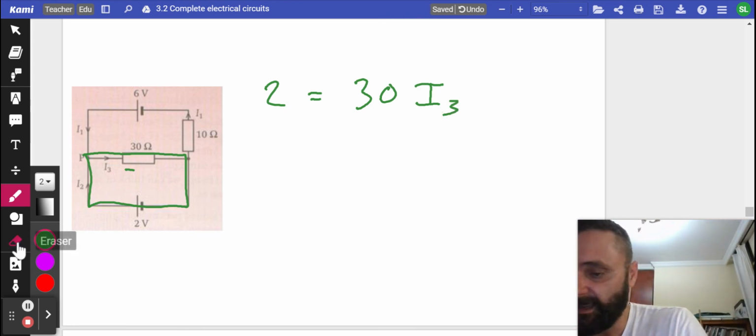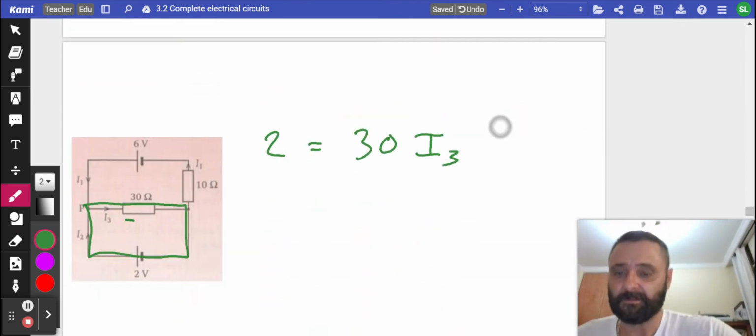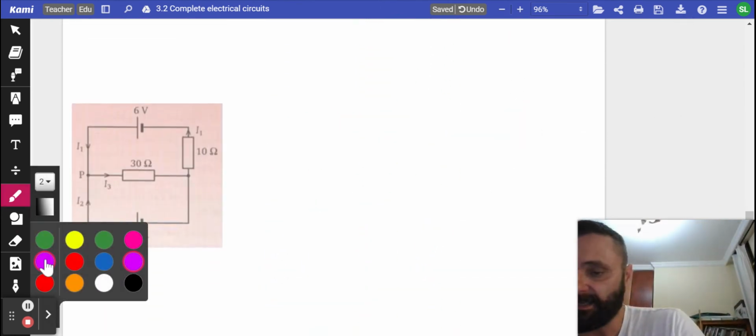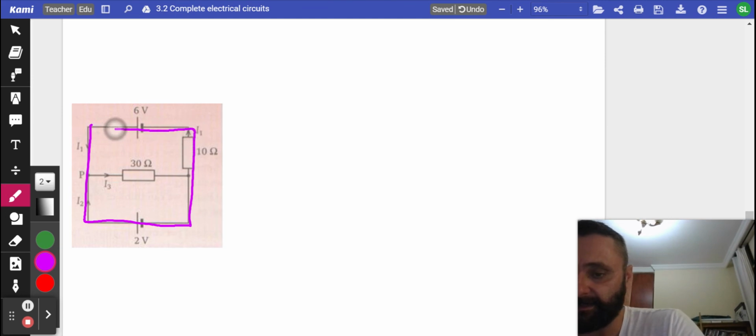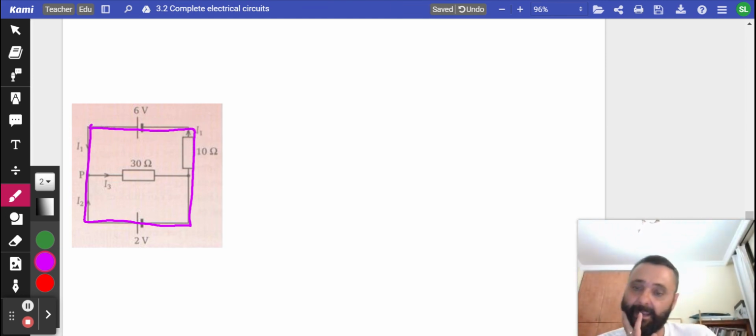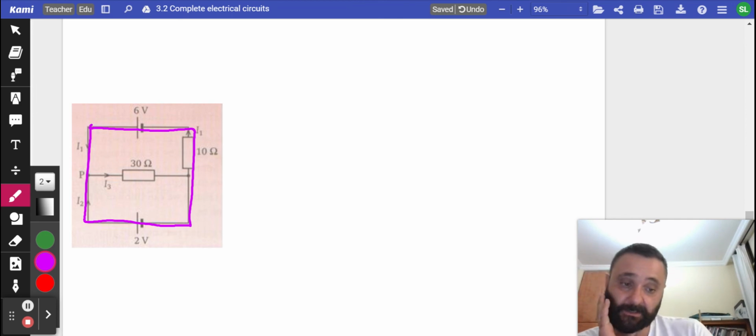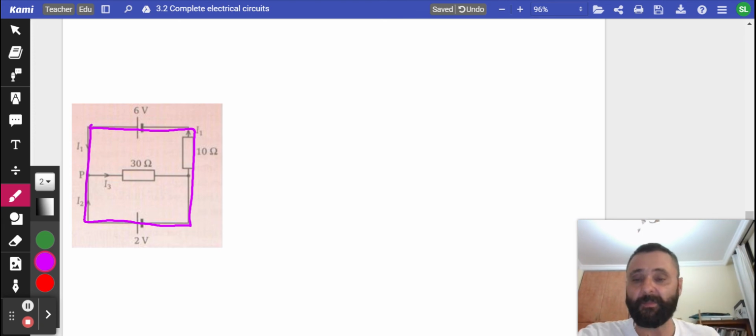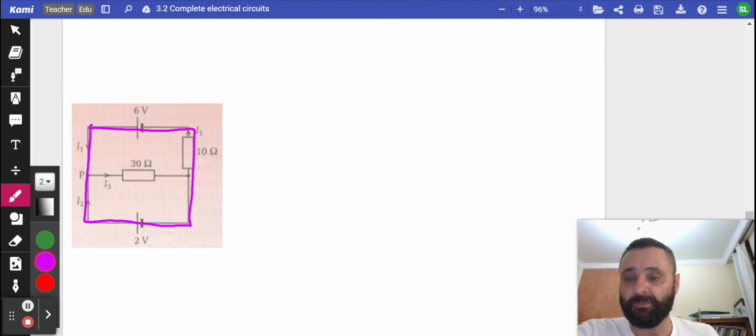Now, this is the one that's a bit interesting. This closed loop here, right. Now, EMF gain. We have 2 batteries that are going to supply an EMF, aren't we? However, what do you notice about the batteries? They're in opposite directions to each other. They're both pushing in opposite directions, so the total sum of EMF gains in that purple loop is the difference between them. We don't add 6 to 2 because they're in opposite directions.